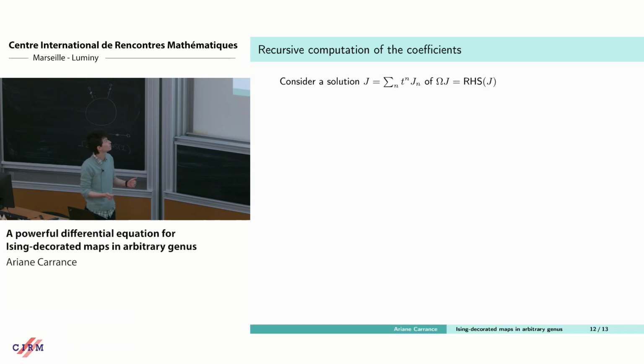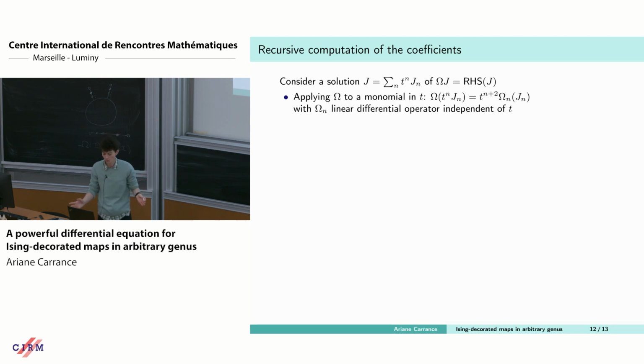And so we start from an arbitrary solution of this equation. And we write it as monomials in T times polynomials that do not depend on T in the following way.